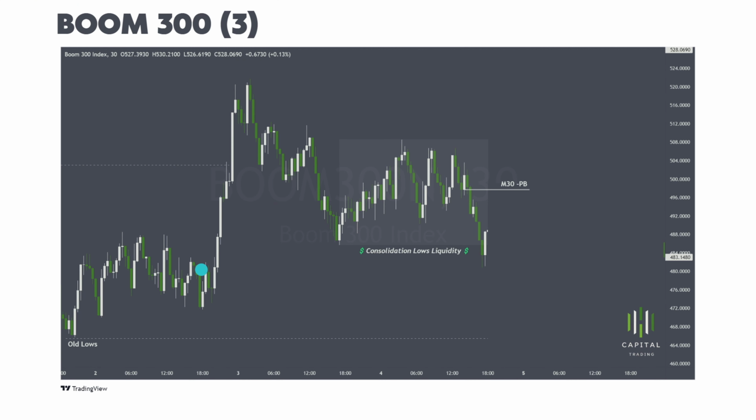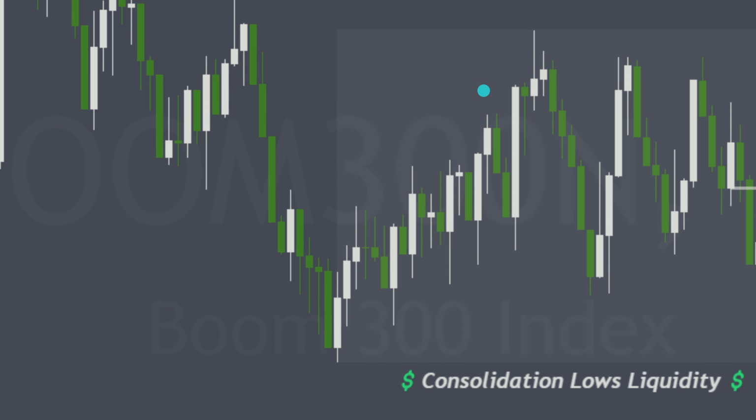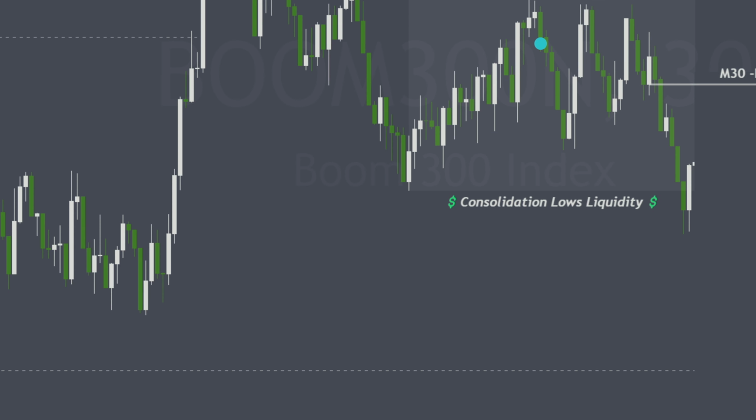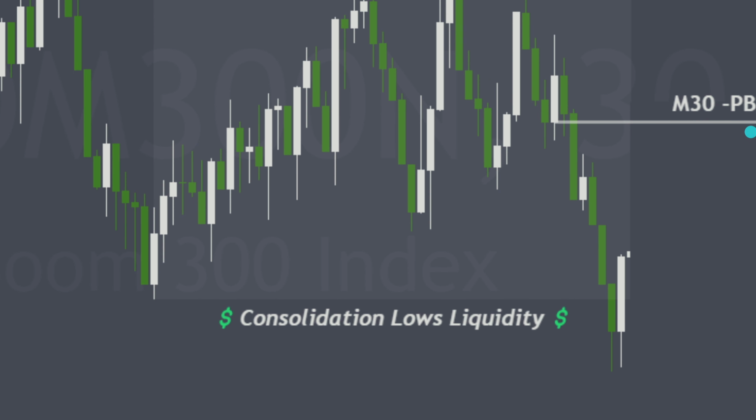We had them spike into the upside and then dropping, but upon them dropping, we had this consolidation here that I had identified. Of course, I utilized this old low and then this old high. I just wanted to demonstrate this consolidation that had occurred. And then they formed this bearish propulsion block up here, right?